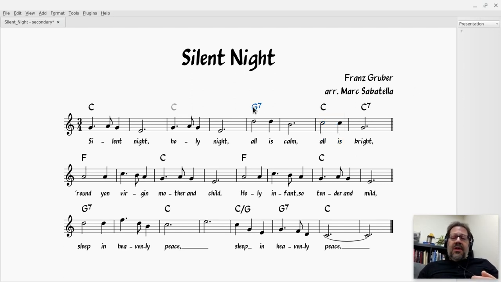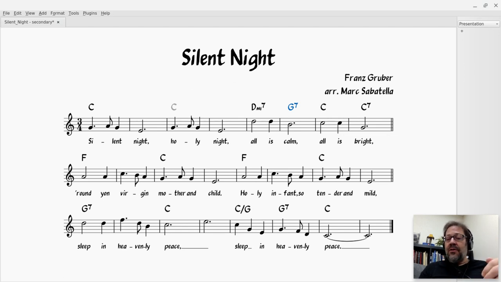So for instance, I have a 5 chord here, All Is Calm, G7, and it just sits there for 2 measures. Well, why not create some more interest? Instead of just having a 5 chord, G7, let's go with one measure of D minor 7 and then a measure of G7. So I have a 2 and a 5. They pair together nicely. And it's actually for a similar reason to why secondary dominants work.